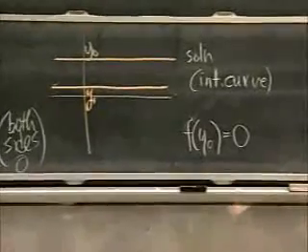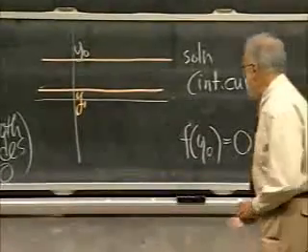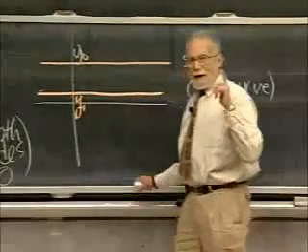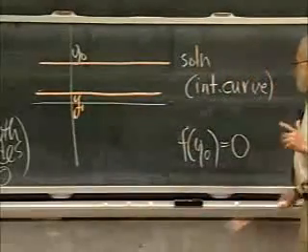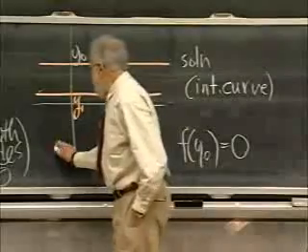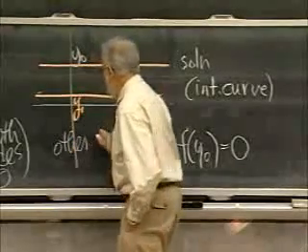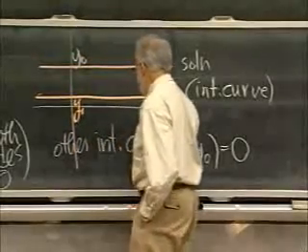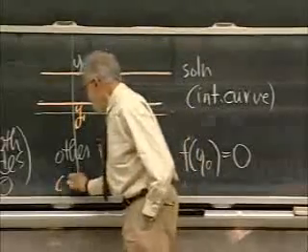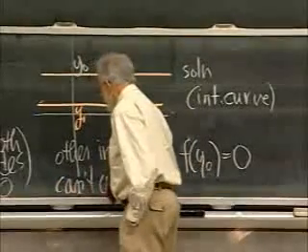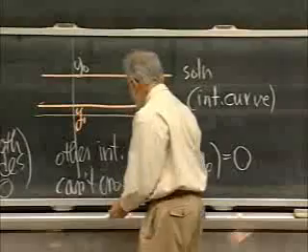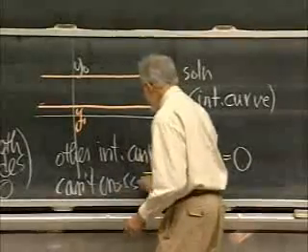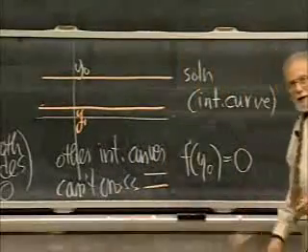Now, that really limits their behavior. But I'm going to nail it down even more. So other integral curves can't cross these yellow lines, these horizontal lines.